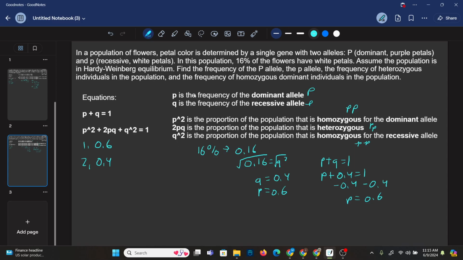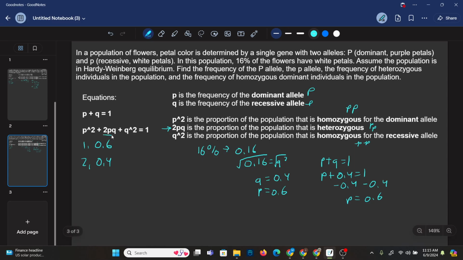So now we want to find the frequency of heterozygous individuals in the population, and that would be 2PQ, because that is the proportion of the population that is heterozygous, which is big P, little p.